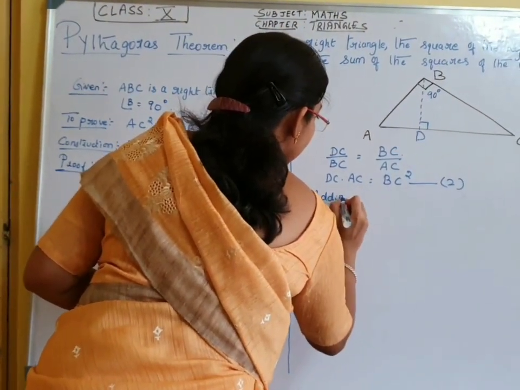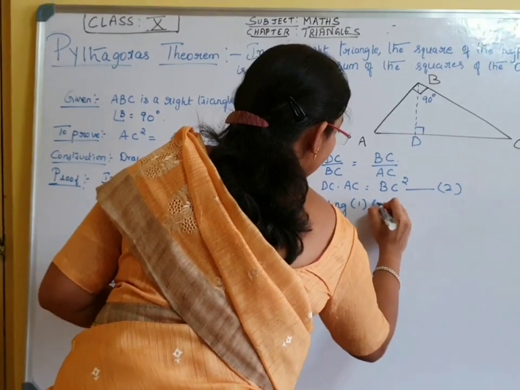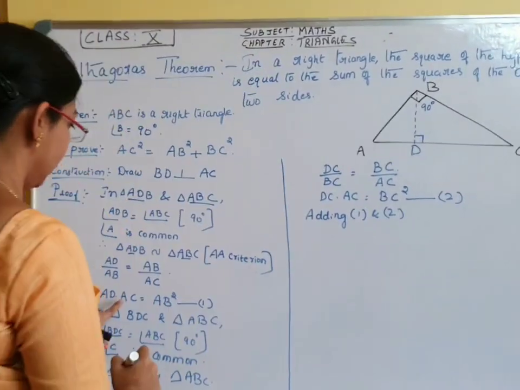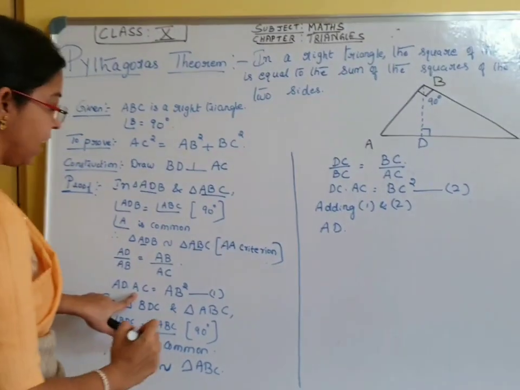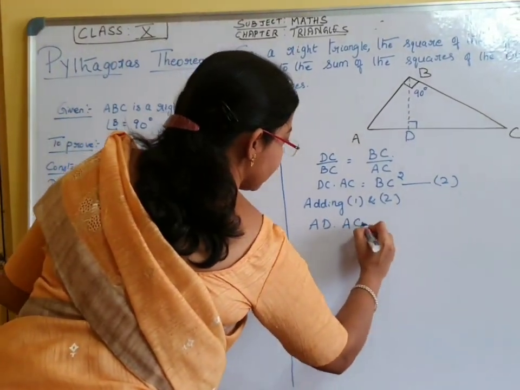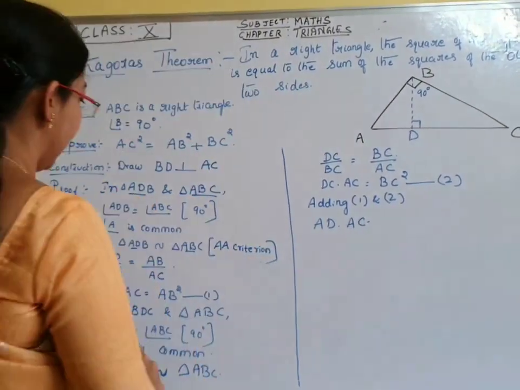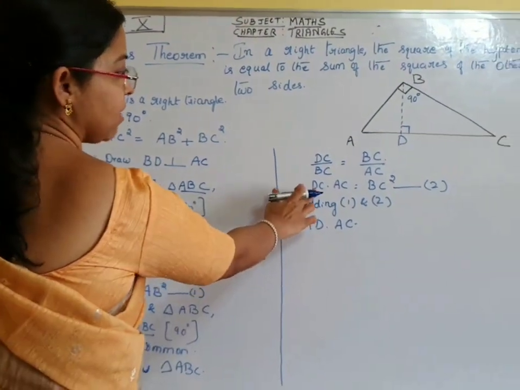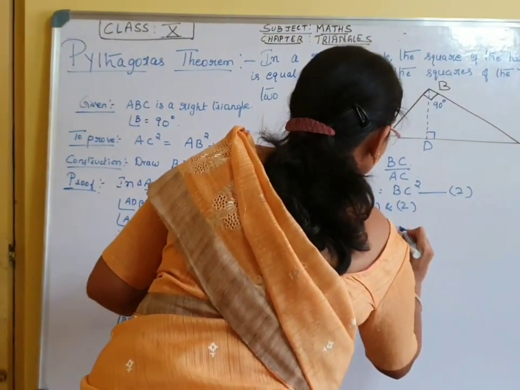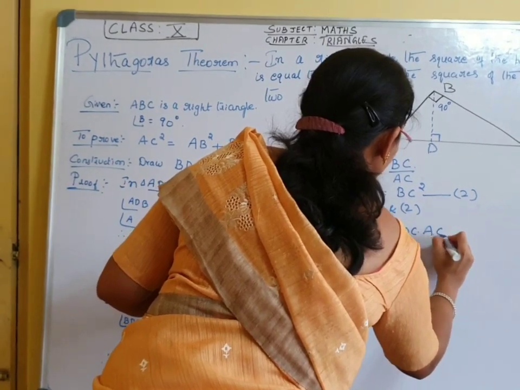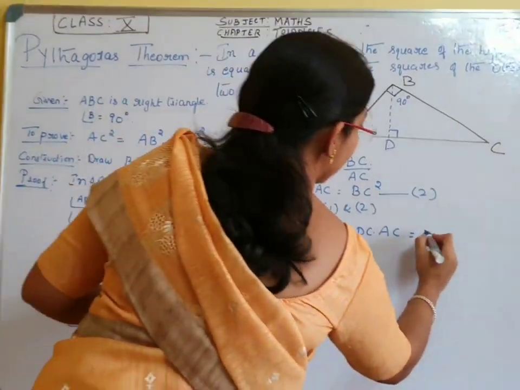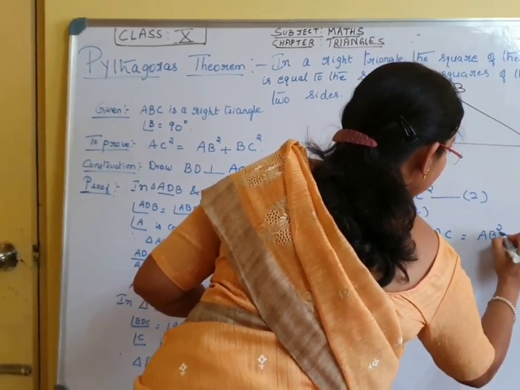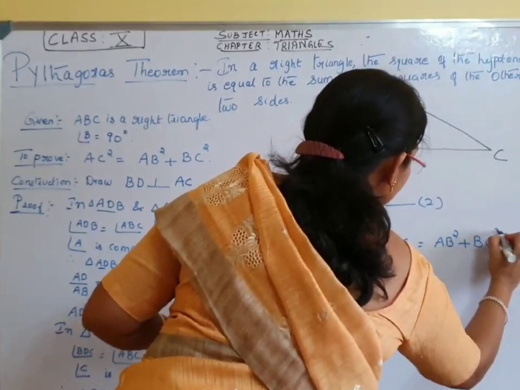Adding equations 1 and 2, that is AD into AC plus DC into AC is equal to AB square on the right hand side plus BC square. We are adding these two equations.